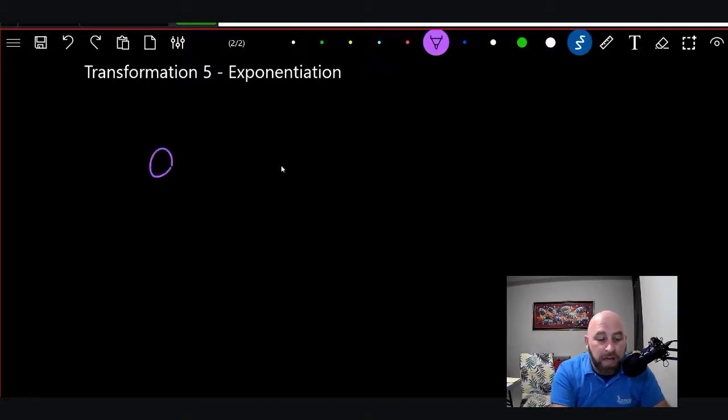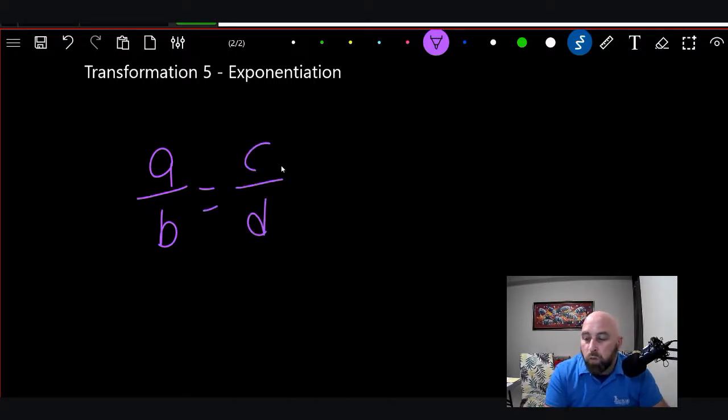So if we have our A over B equals C over D, all right, that's our go-to, we can prove that A to the n power over B to the n equals C to the n over D to the n. What's the n power? Whatever power we give it.